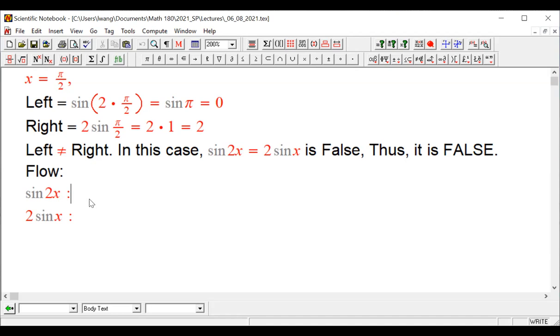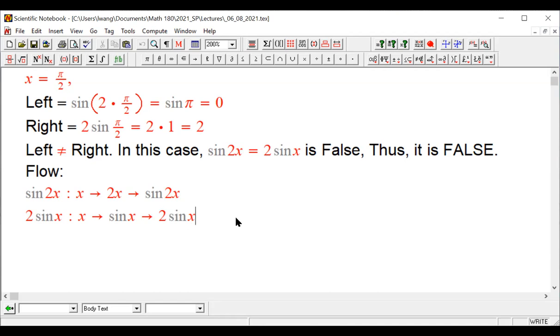The flow is very, very important. So x is the input, you do the 2x, and then you apply the sine function to get sine 2x. And with this other one, you have the input x, you apply the sine rule to it, and after you get the output, you multiply by 2.